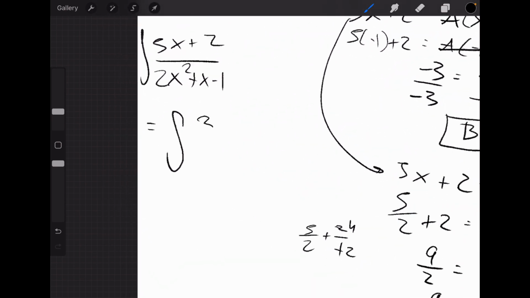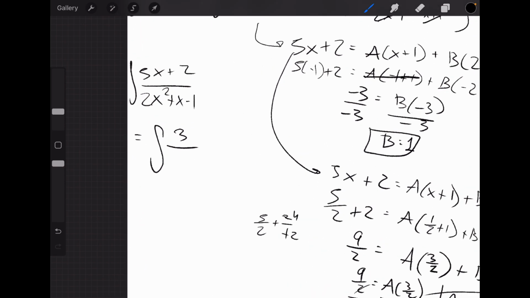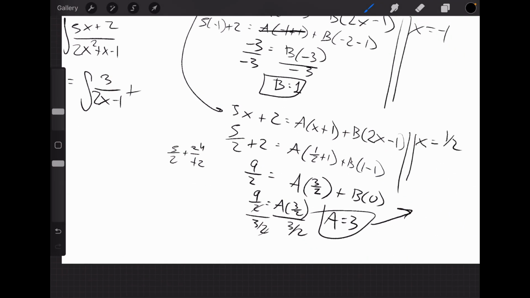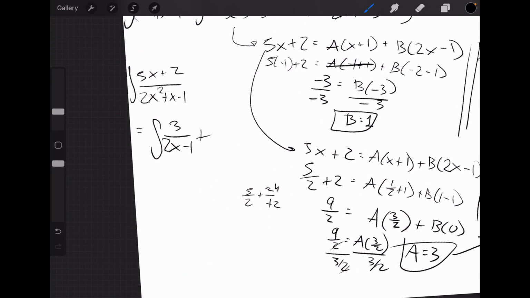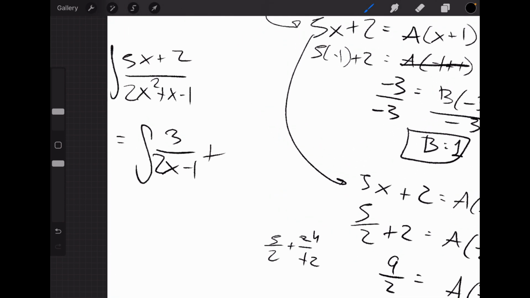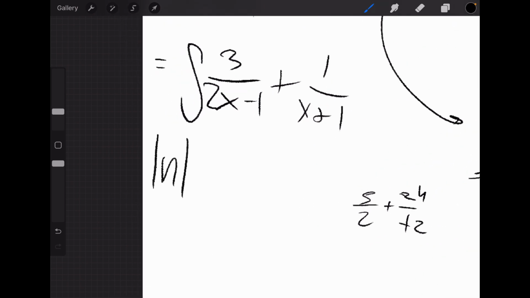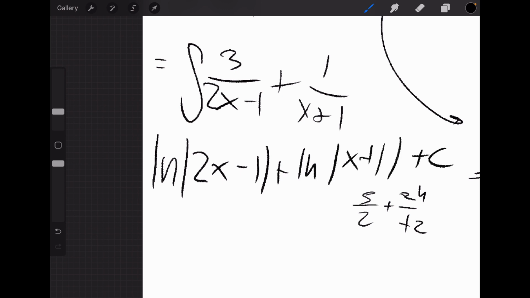We have 3 over 2x minus 1 plus b, which is 1, is going to be 1 over x plus 1. And then if you want to solve this, all you have to do is natural log 2x minus 1 plus natural log of x plus 1 plus c.